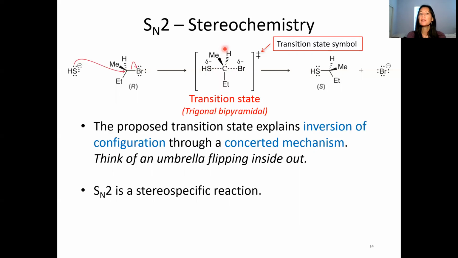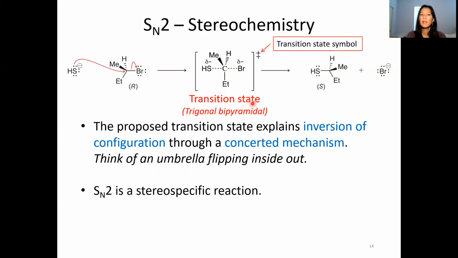What's in between is just this planar carbon that has three groups. So think of this section as trigonal planar. But when you have these two guys here, which if you flip on its side is axial, this is a trigonal bipyramidal geometry. Some of you have learned that in general chemistry.